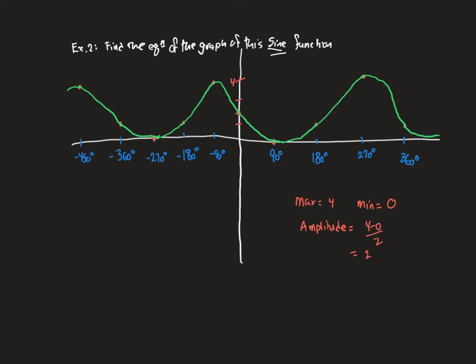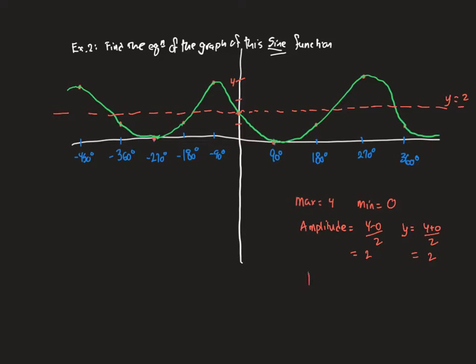It should be 2. And my axis equation, same thing, but you add instead. So it's also going to be 2, which means my axis should be at 2 here. Great. So my amplitude's 2, my max is 4, my min is 0.